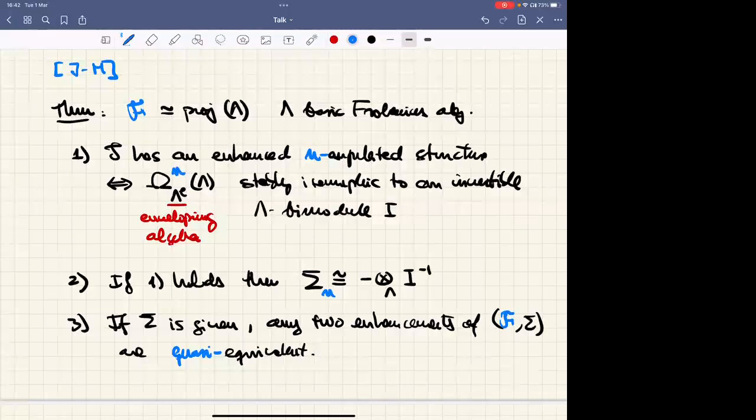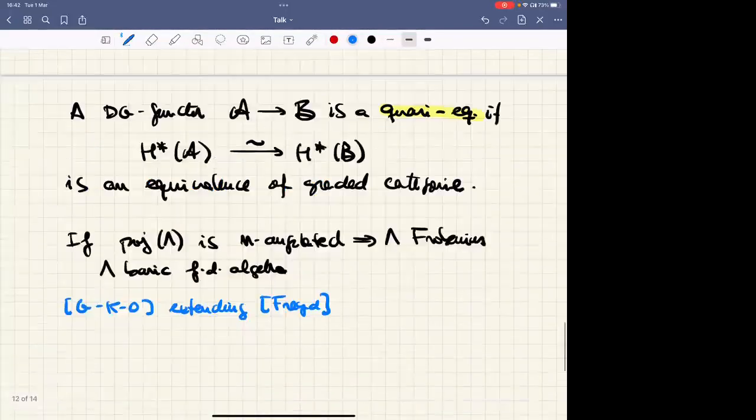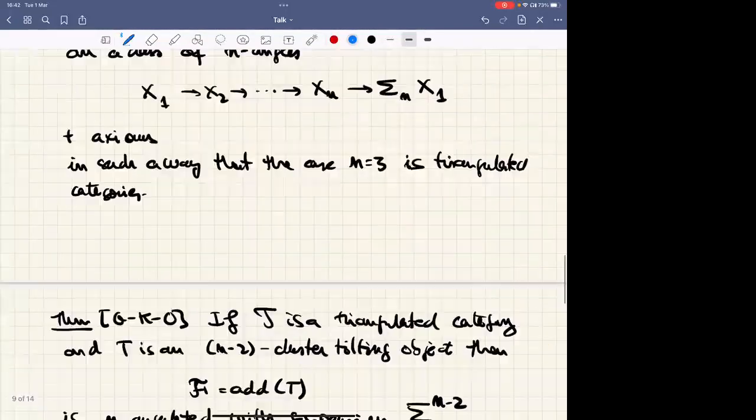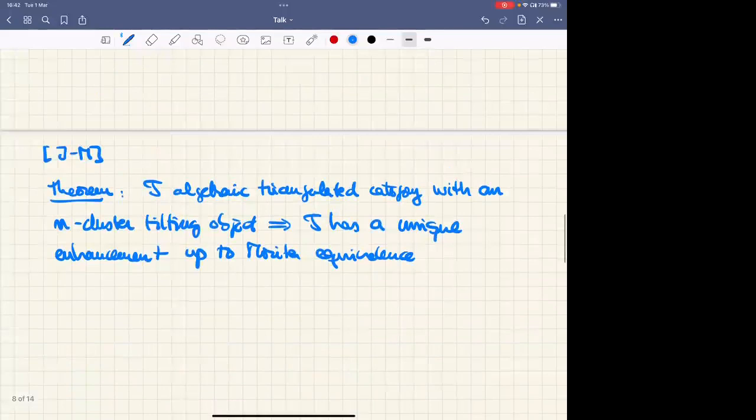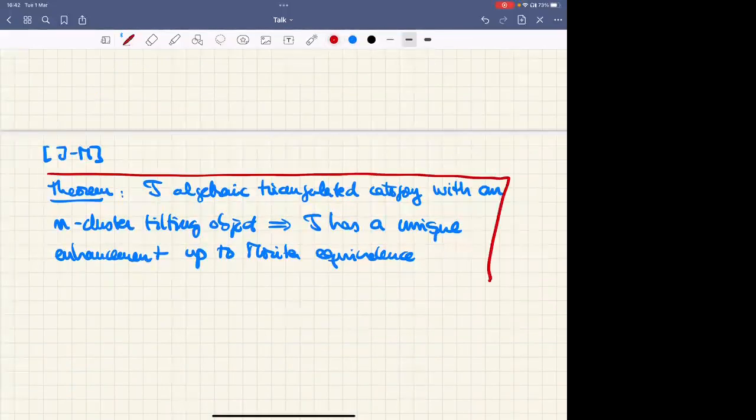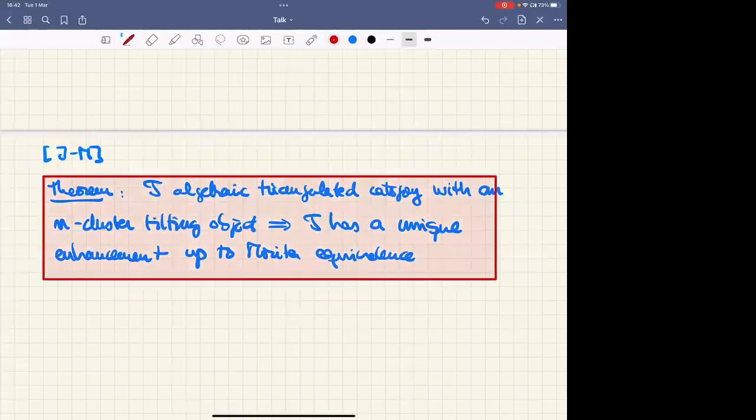And now, how do we deduce the theorem I really want to stress from this one? This theorem on real triangulated categories from the theorem on n-angulated categories.